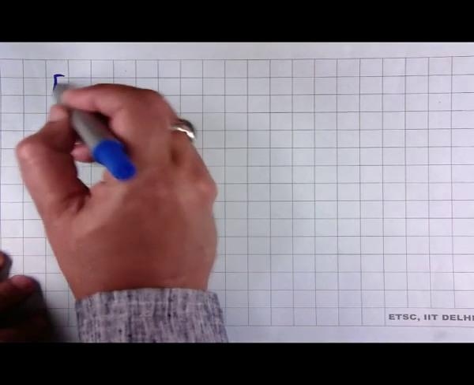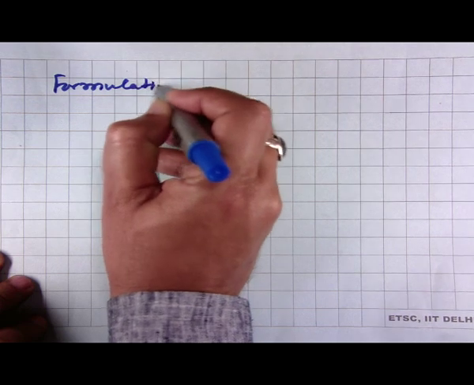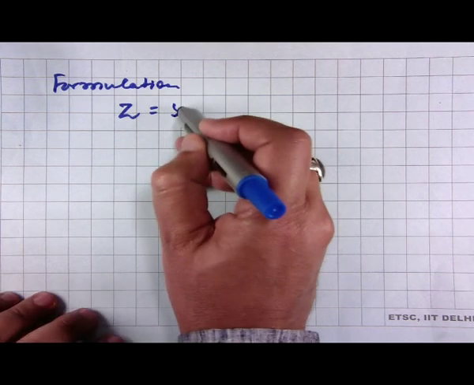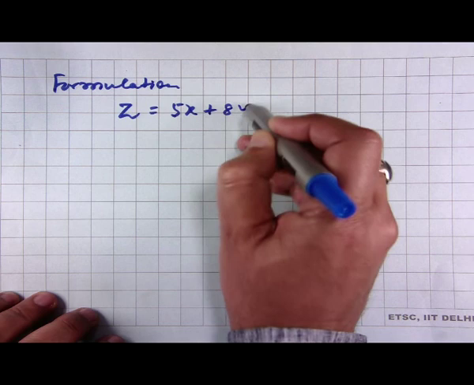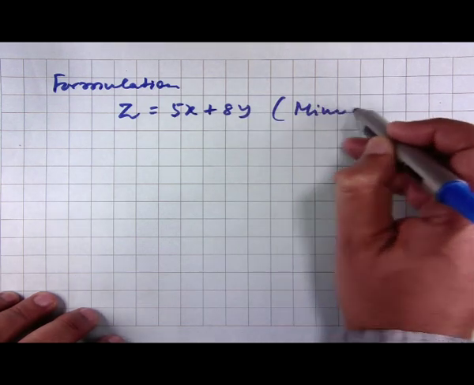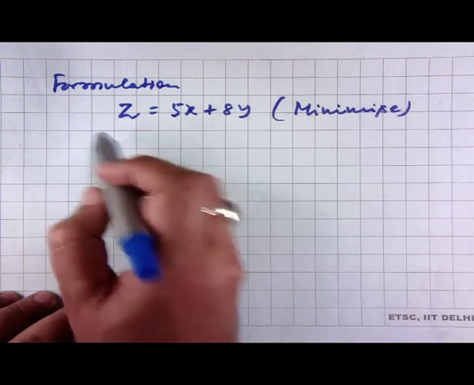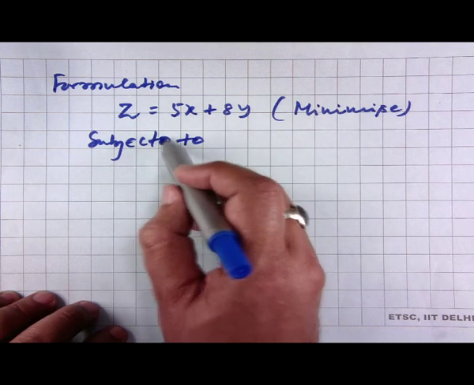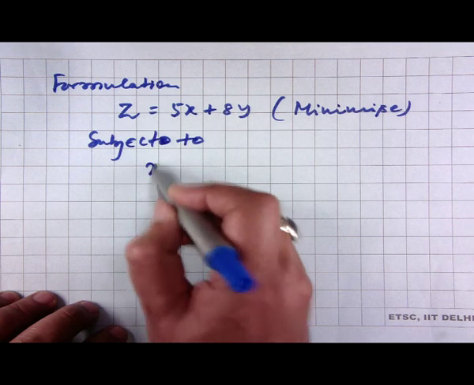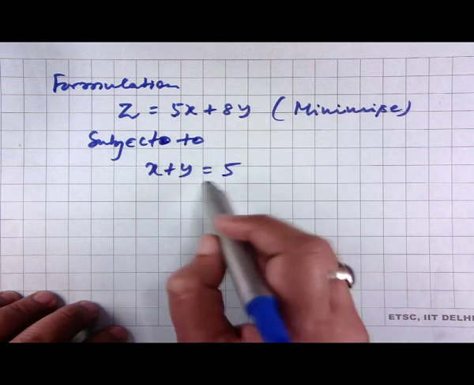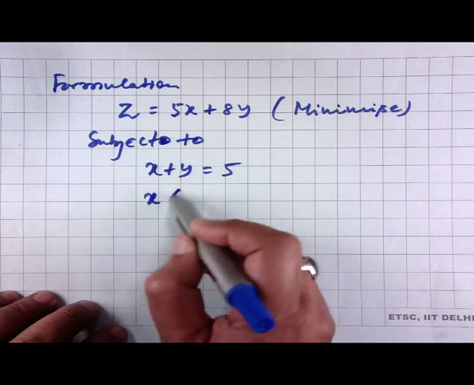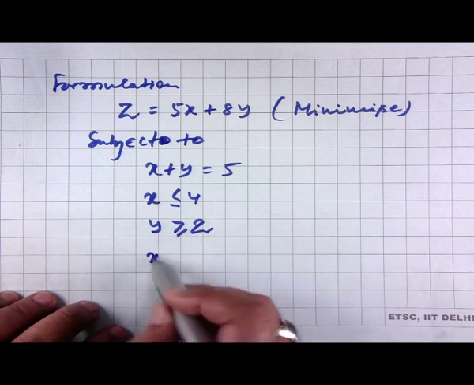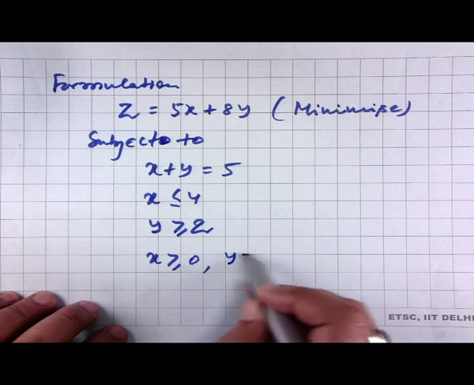So, the formulation: Z equal to 5x plus 8y, this has to be minimized subject to x plus y equal to 5, x less than or equal to 4, y greater than or equal to 2, x greater than or equal to 0, y greater than or equal to 0.